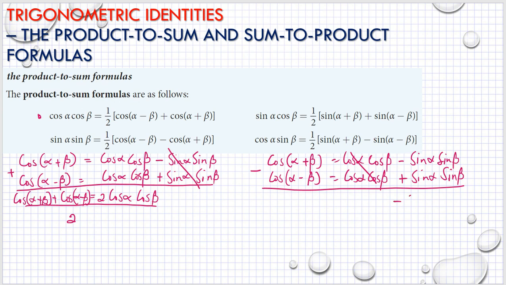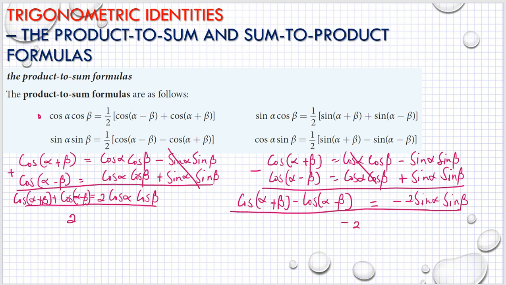Then we have negative 2 sine alpha sine beta. And then we have cosine alpha plus beta minus cosine alpha minus beta is equal to that. So if we divide both sides of the equation by negative 2, then we will get 1/2.